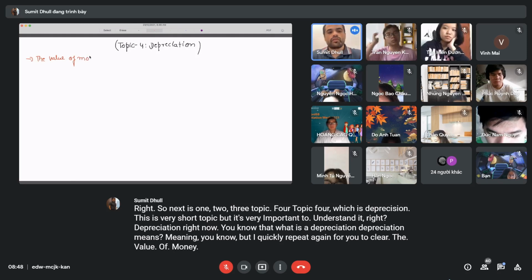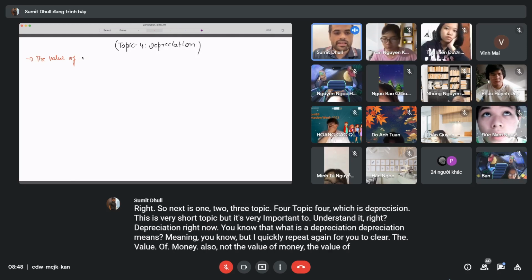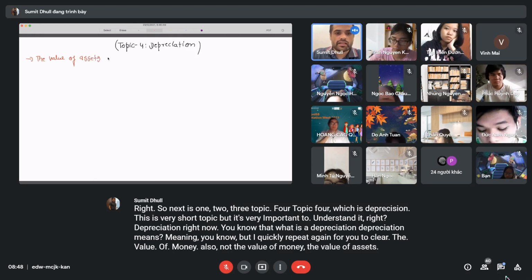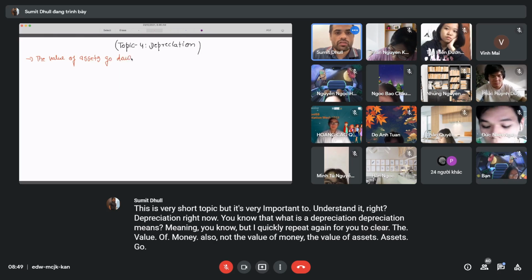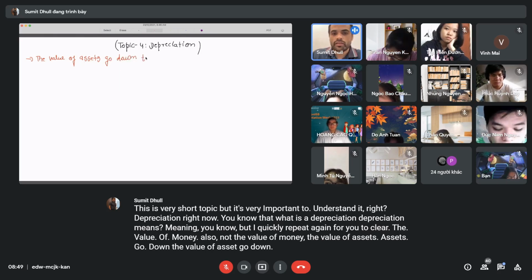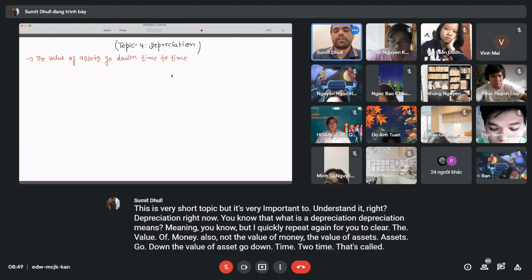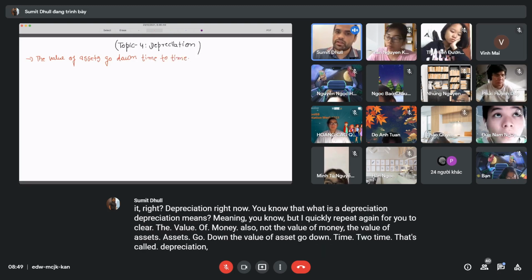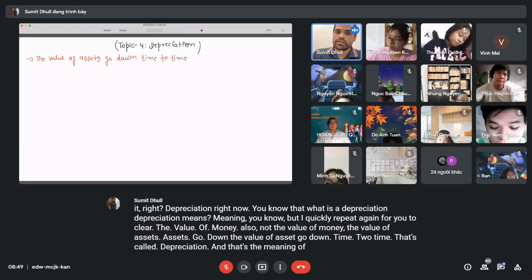Oh, sorry, not the value of money, the value of assets. The value of assets goes down time to time. That's called depreciation. And that's the meaning of depreciation.